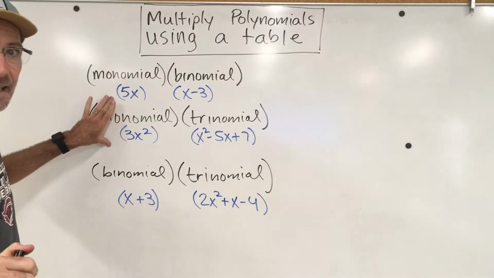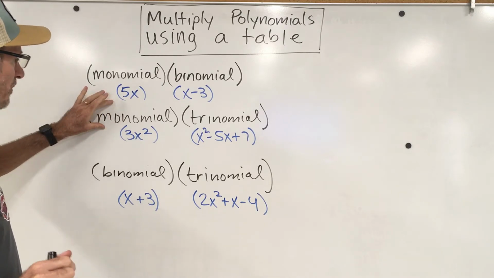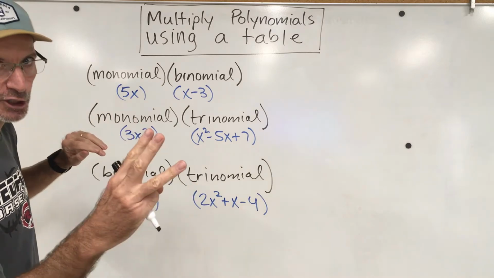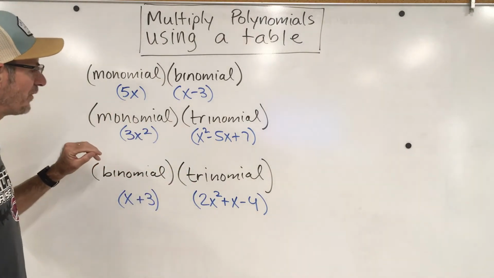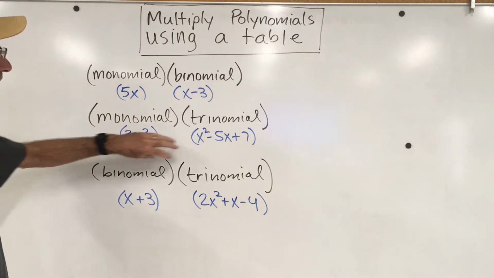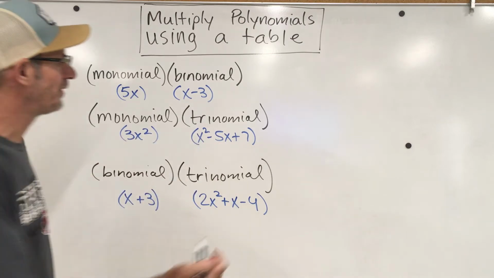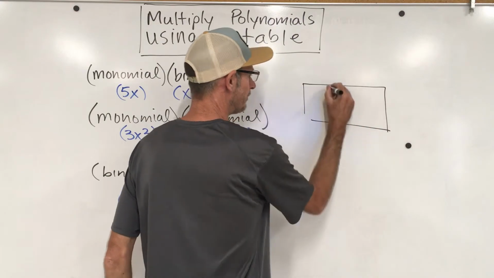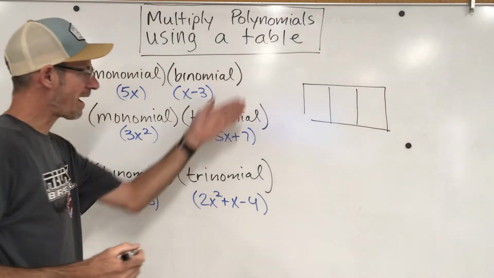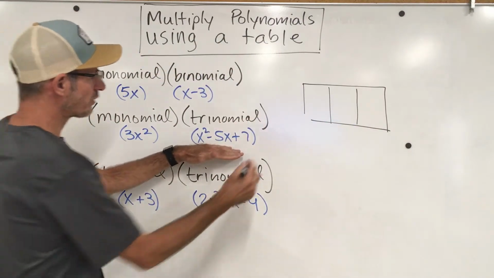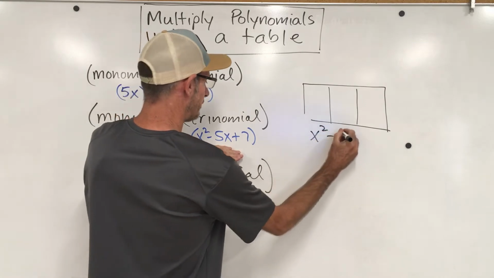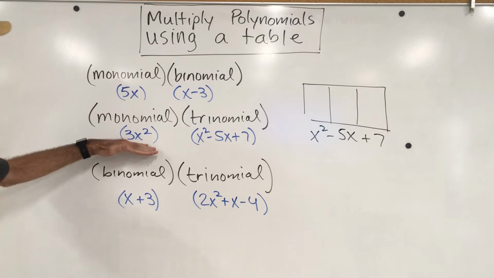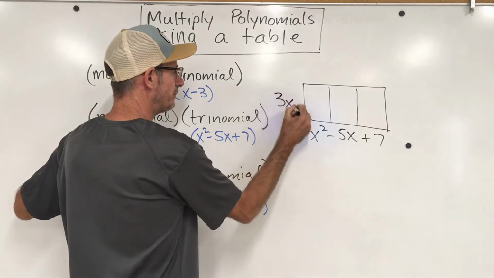Okay, on the second example, we have a monomial, one term, multiplied by a trinomial, three terms. So we're going to need a table this time that is a 1 by 3 table. So our table is going to look like this. And we have 3 columns for our trinomial. And we have 1 row for our monomial.